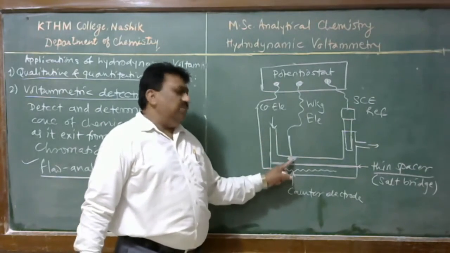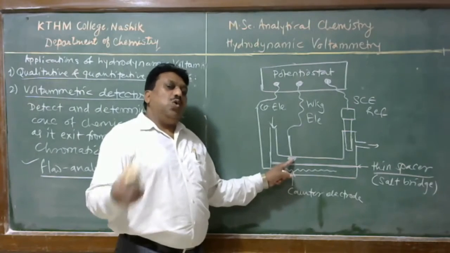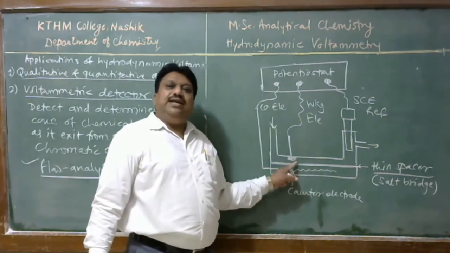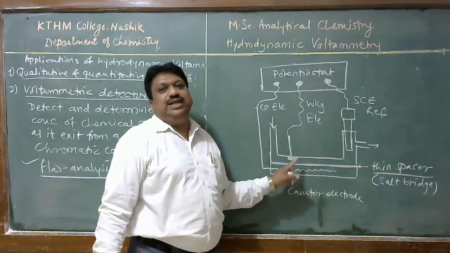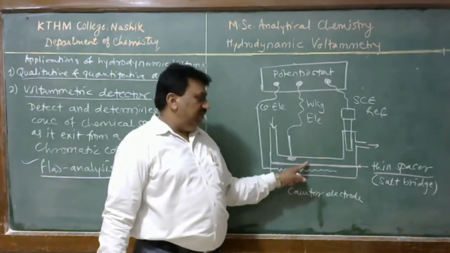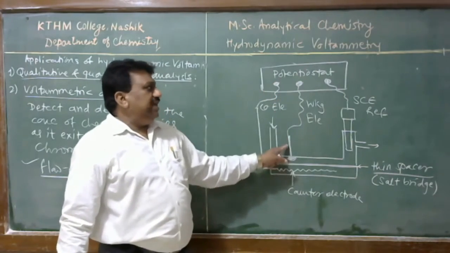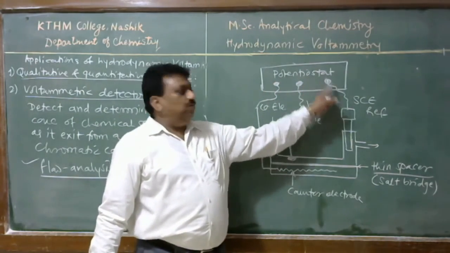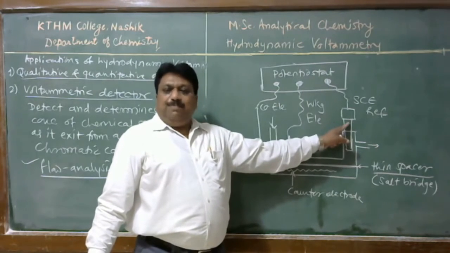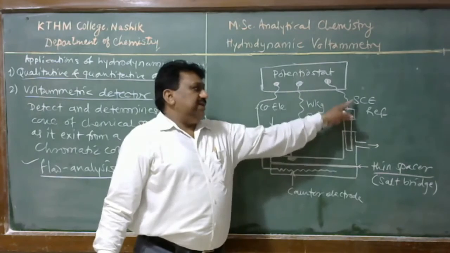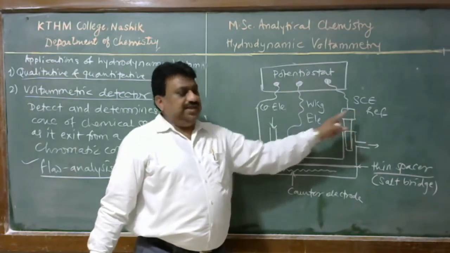In this case, the working electrode may be a rotating disc electrode or rotating platinum electrode, which is mounted in the tube or in the path of the column effluent. Here, the potential of this working electrode is adjusted to a fixed value by comparing with the potential of the saturated calomel electrode or reference electrode.